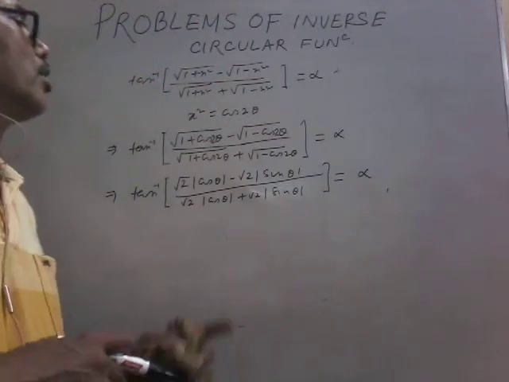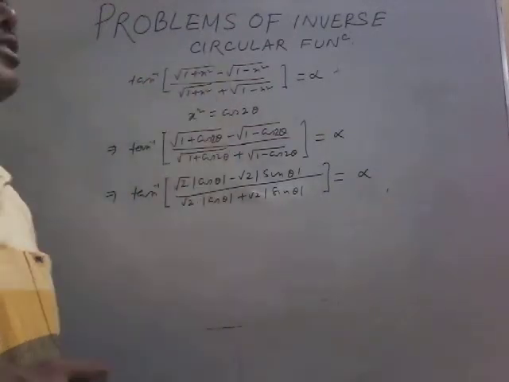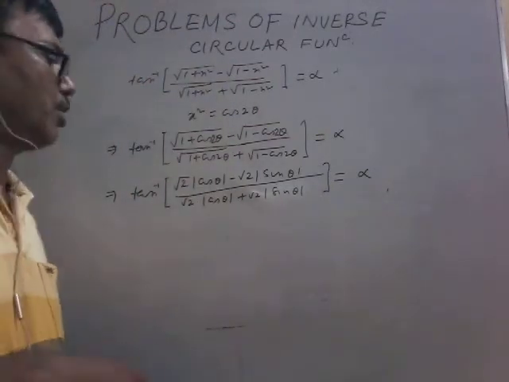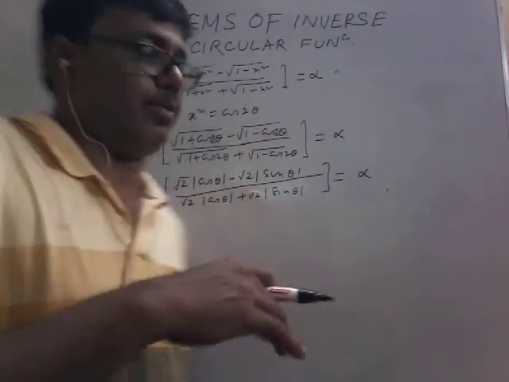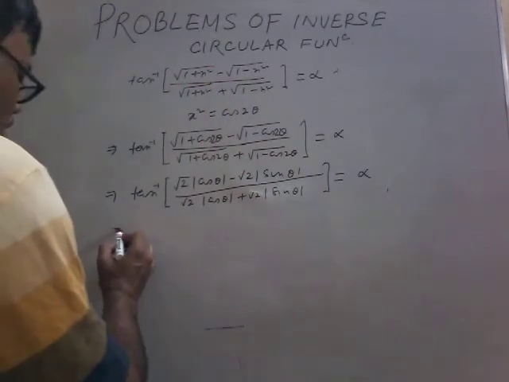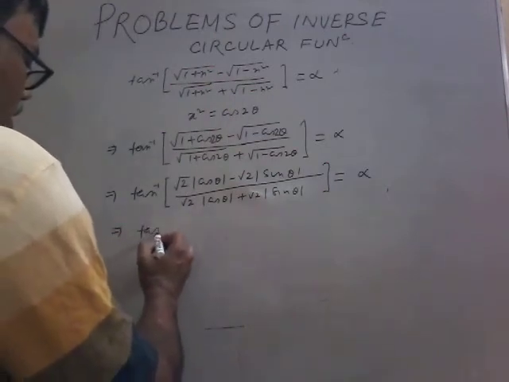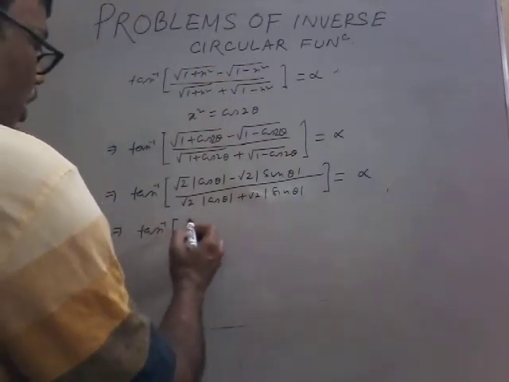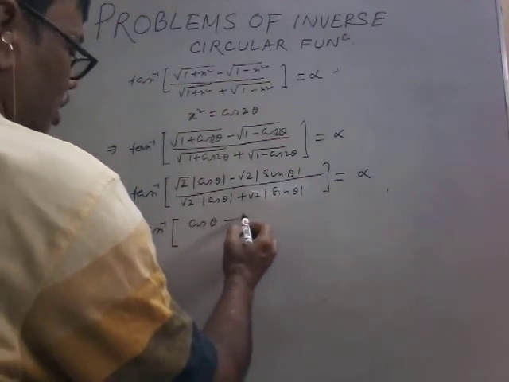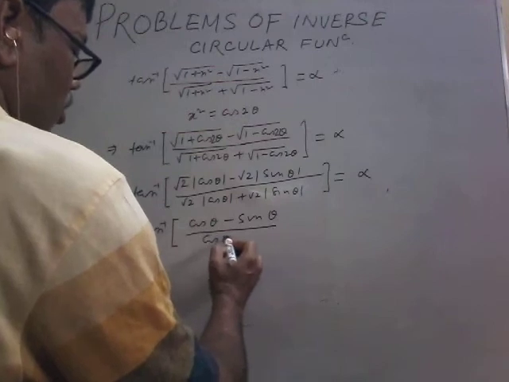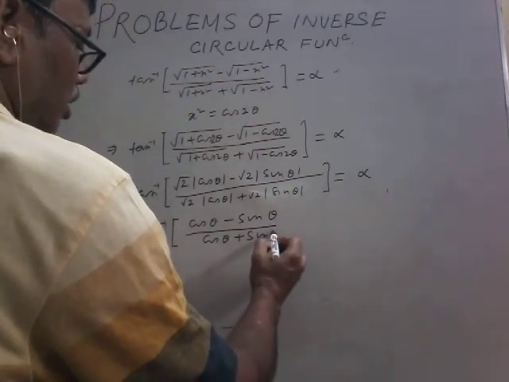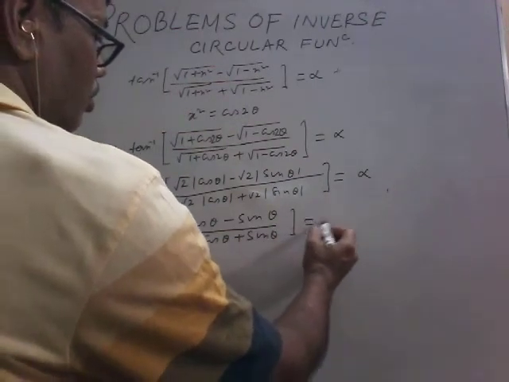Now, a restriction on x is not given, so in this case we take the positive one. Finally, what you are getting: tan inverse of root 2 cancels, (cos theta minus sin theta) by (cos theta plus sin theta) equals alpha.